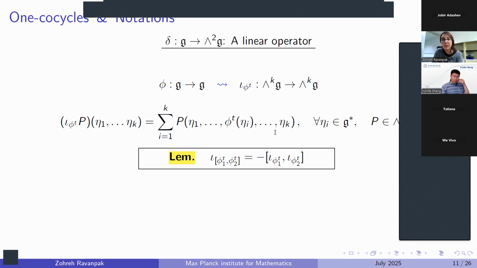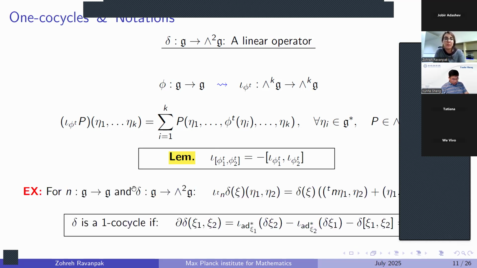This notation we use, and it satisfies this equality, saying that the extension of a commutator is the commutator of the extensions up to sign. For example, in our case, we have a linear map on G, we have a cocycle, then the extension of N transpose is just to distribute N transpose to each one. Or we can simplify the condition for delta to be a one-cocycle in terms of this extension.